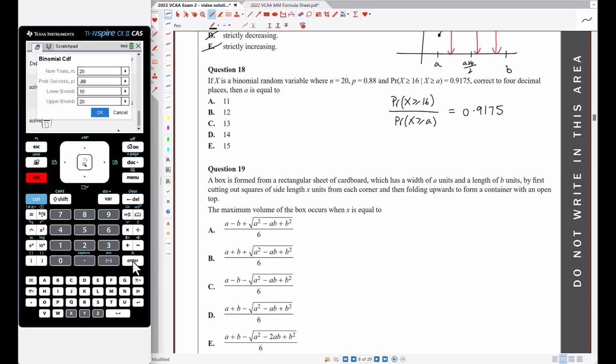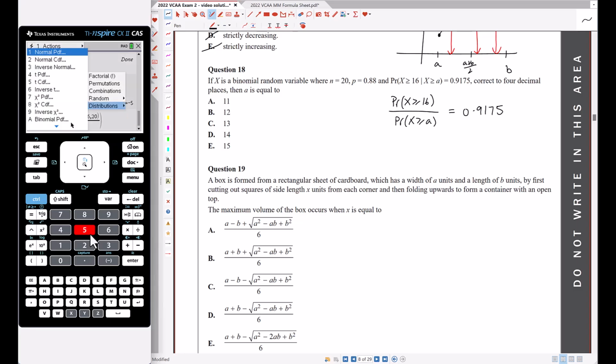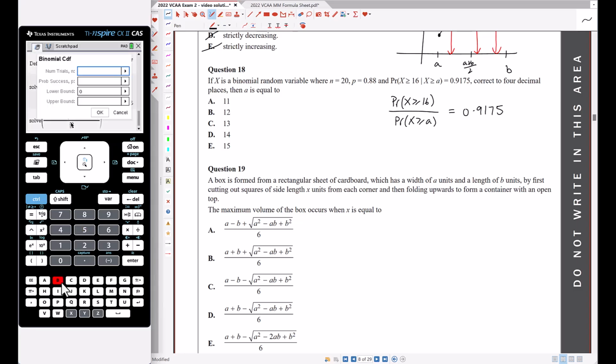Let's see how the CAS goes with this. And then the denominator is going to be that exact same thing except, and it won't like it. Let's see what it does though. Binomial CDF, number of trials is 20, probability of success is 0.88, lower bound is our unknown value, upper bound is 20.